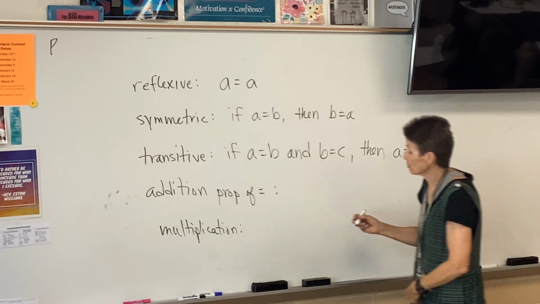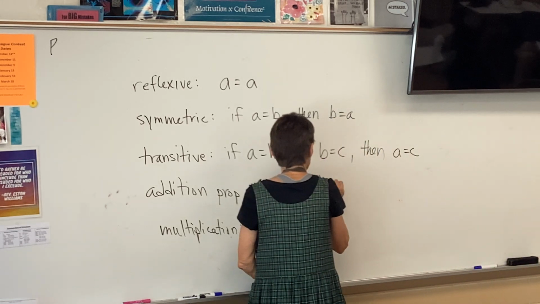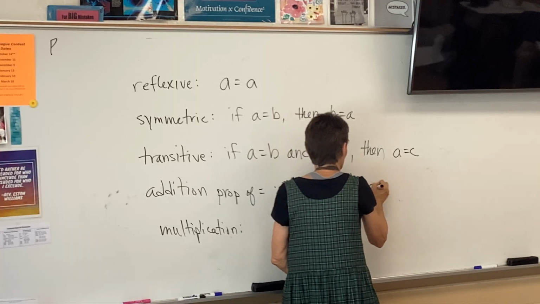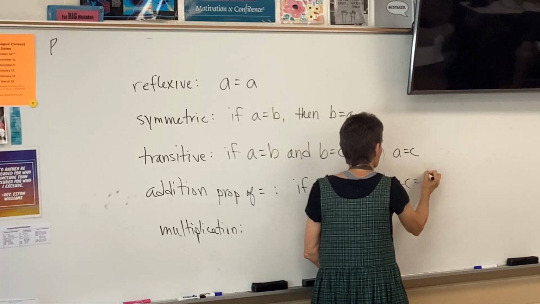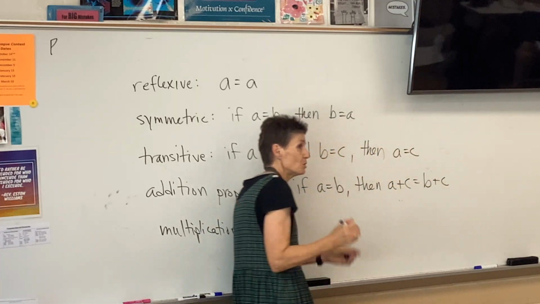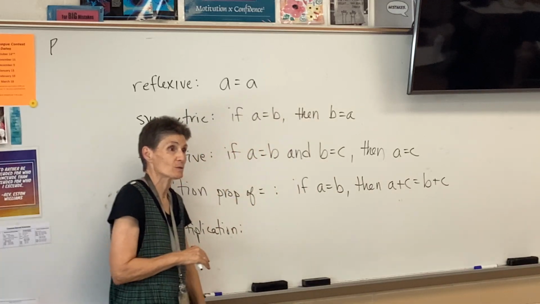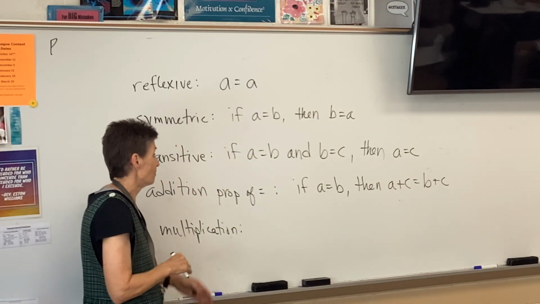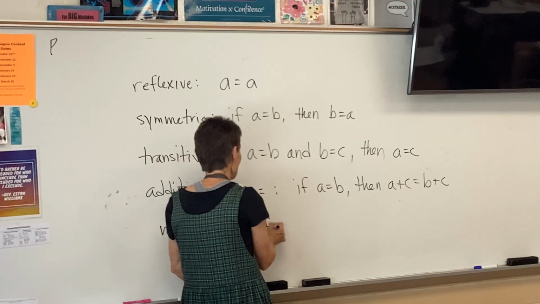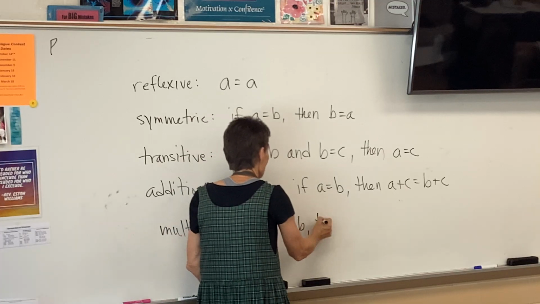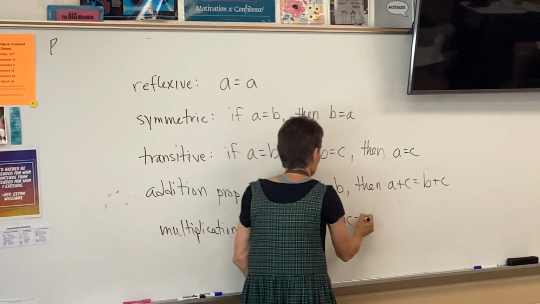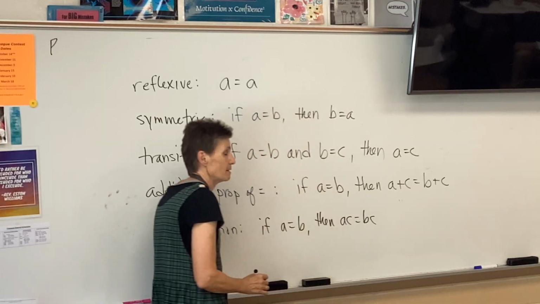So the addition property says if A equals B, then A plus C equals B plus C. You can add the same thing to both sides. Multiplication, same thing. If A equals B, then AC equals BC.